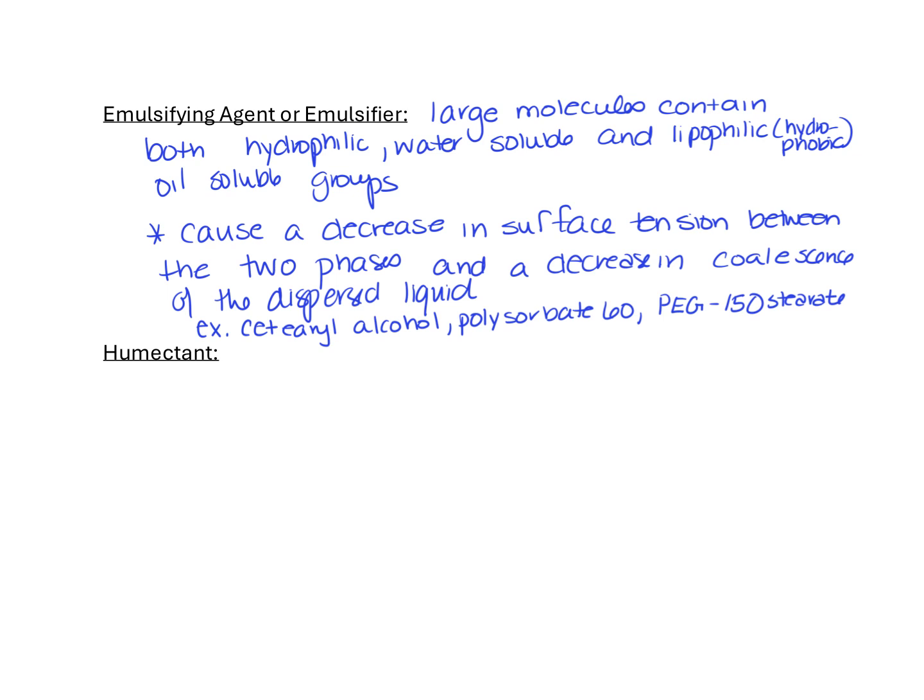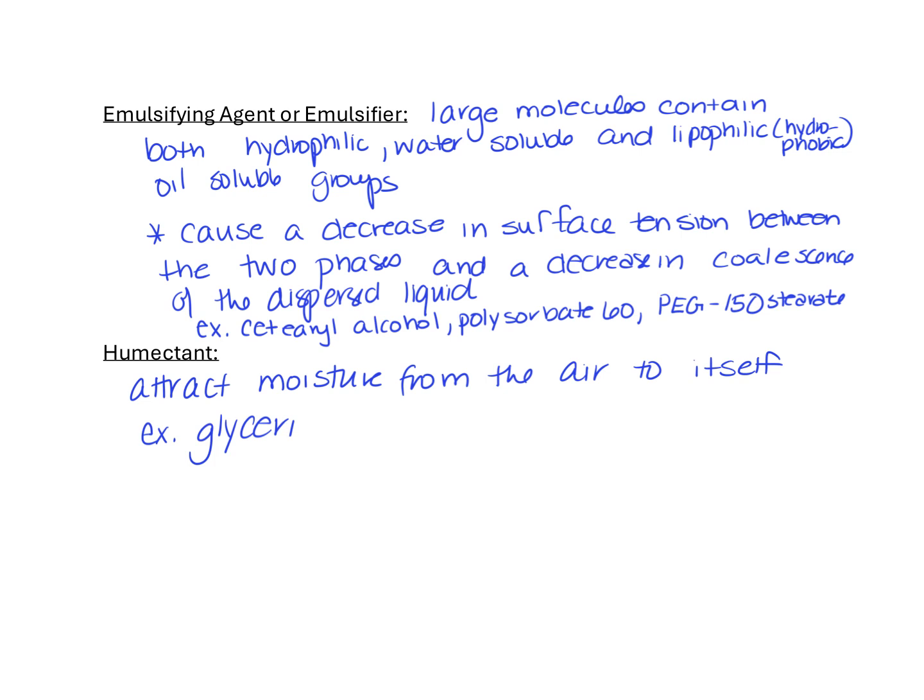Other things that we'll find is we have humectants. These just attract moisture from the air to itself, right? So these are things like glycerin, propylene glycol, or sorbitol, right?